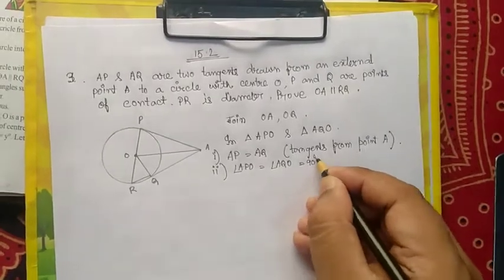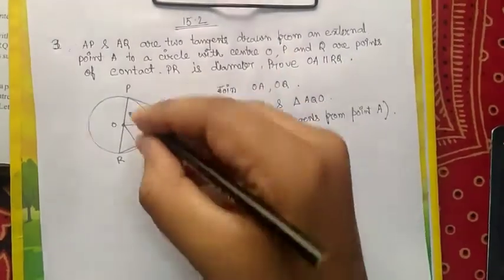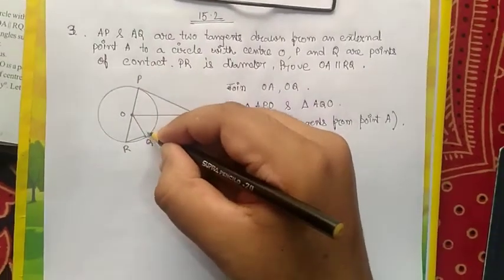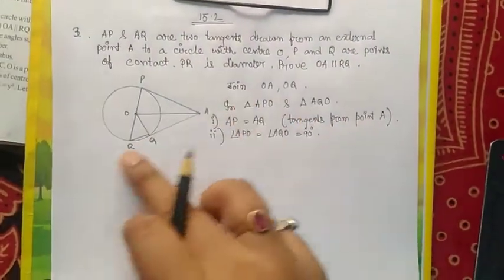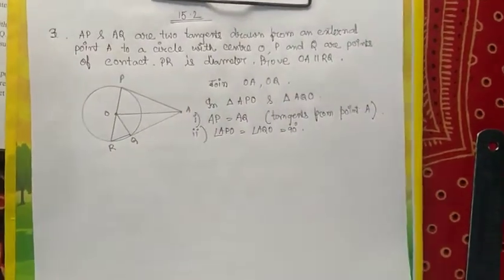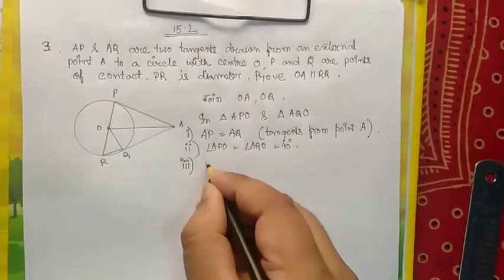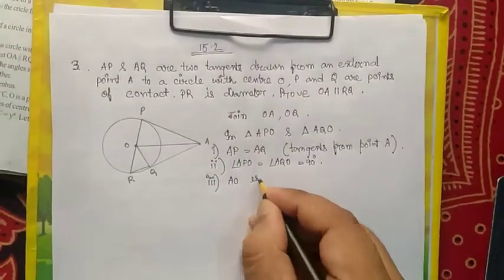We know the radius is always perpendicular to the tangent. So therefore this is 90 degree. And the third one is AO is common.